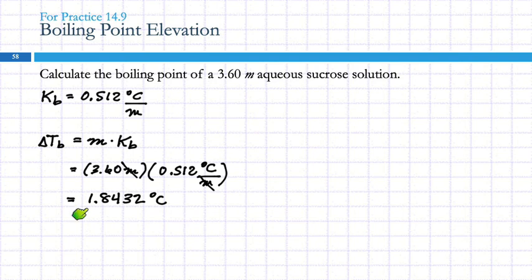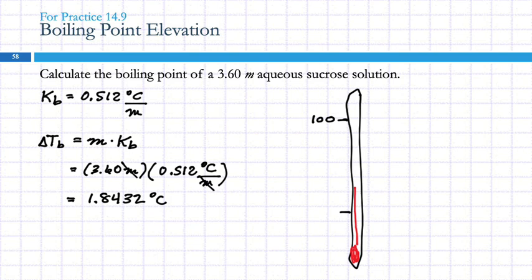We're not done yet, right? Does water boil at 1.8 degrees Celsius? No, it doesn't. It's going to boil at 100 plus this, right? So, our thermometer, so those are the boiling point and freezing points for water.